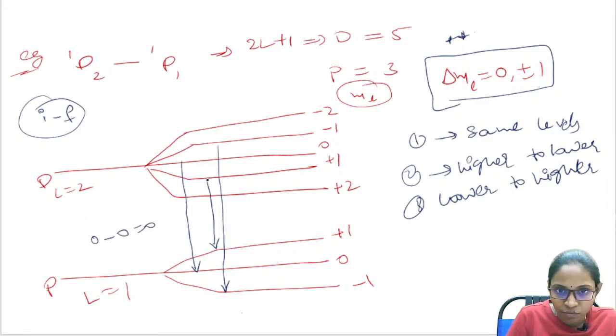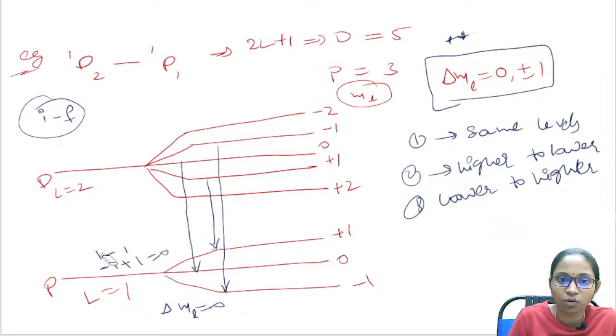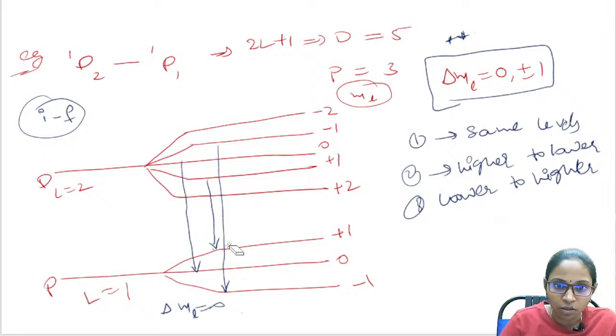Initial ml value is plus 1 and final ml value is plus 1, so 1 minus 1 will be 0. And minus 1 minus of minus 1 will be 0. Therefore, delta ml value for these levels will be equal to 0. So in this way you can find out the delta ml values easily, okay. And also you can draw the transition lines between different levels easily, okay.